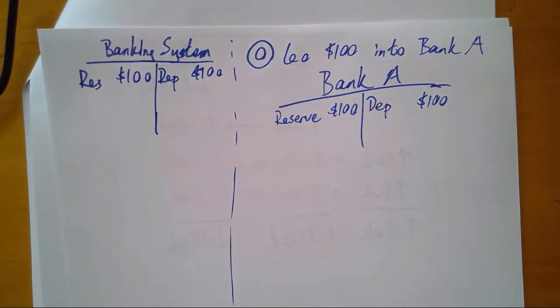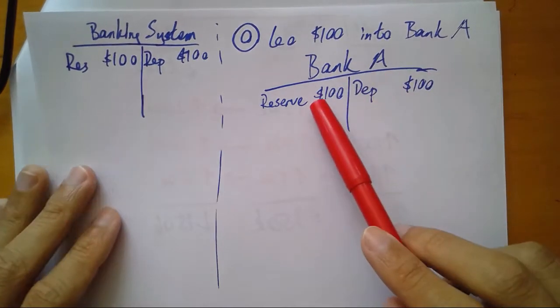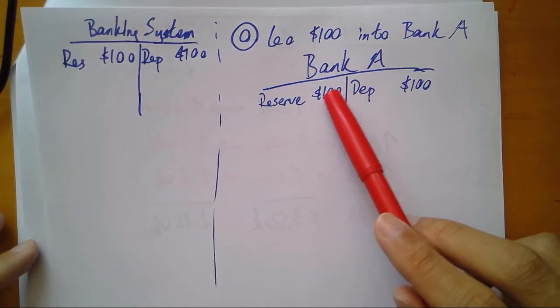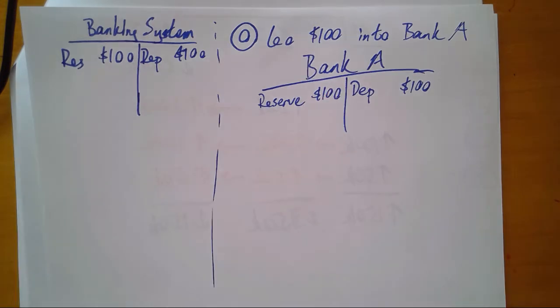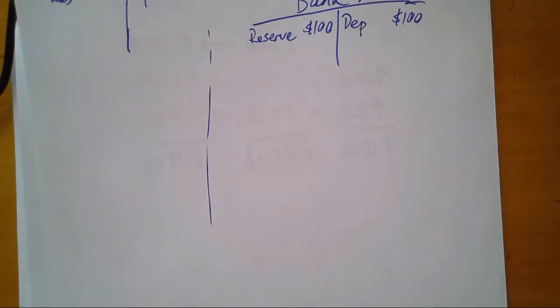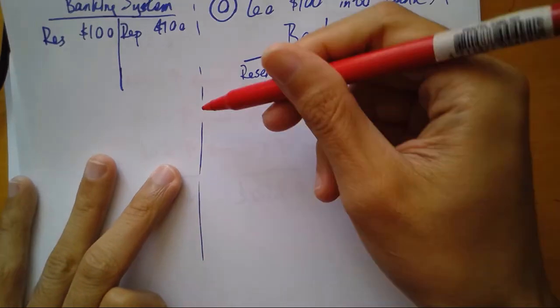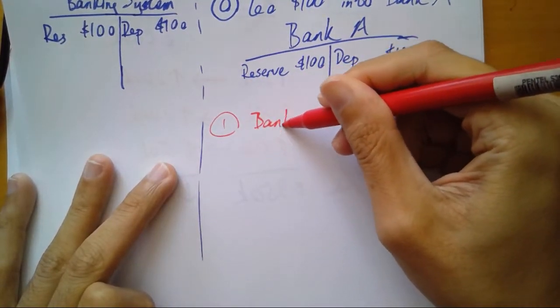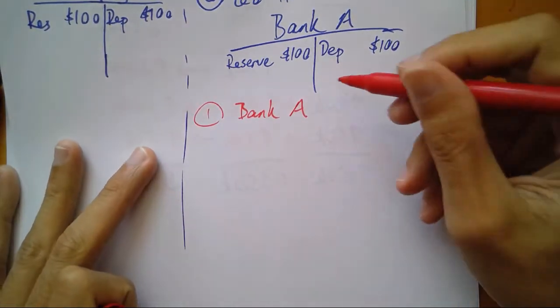Now what happens next? Bank A will not be so cheap as to just keep this money, because if you put 100 here, tomorrow it will still be 100. You earn nothing. Therefore, to earn something, bank A will lend out money.